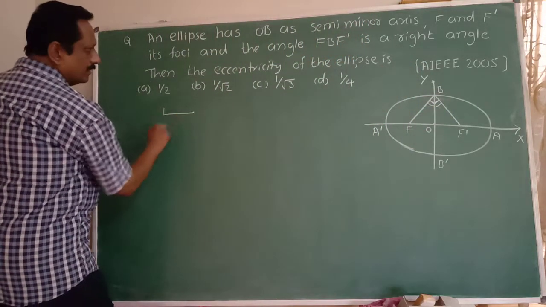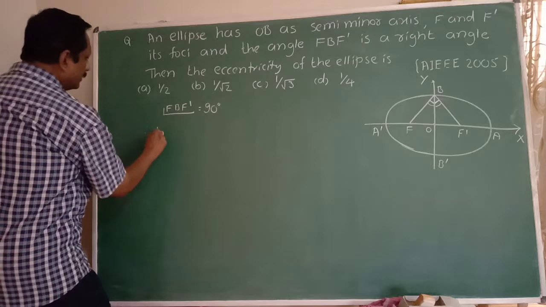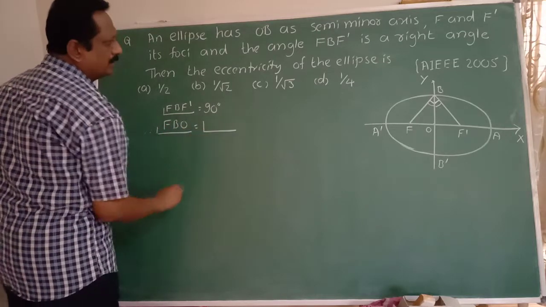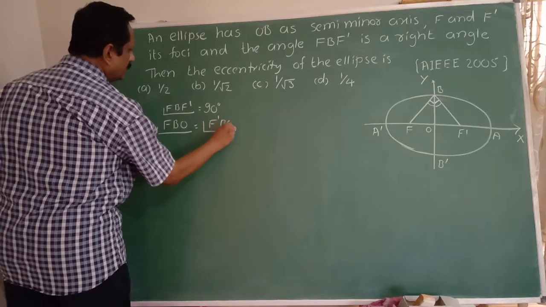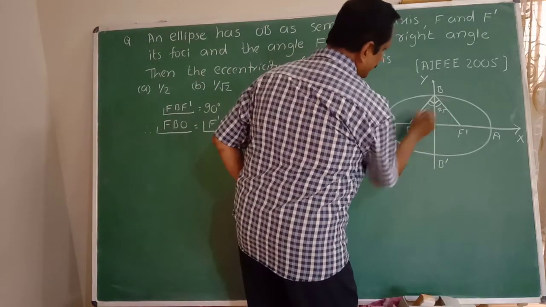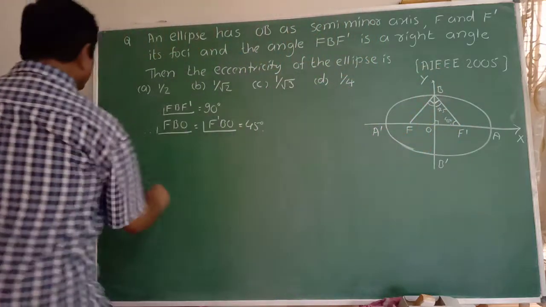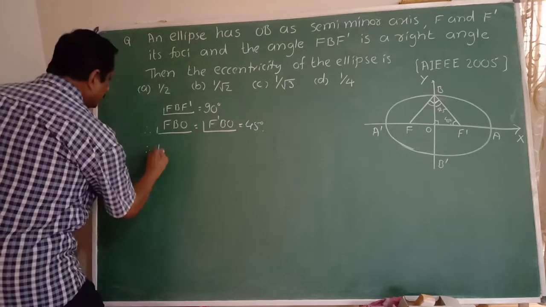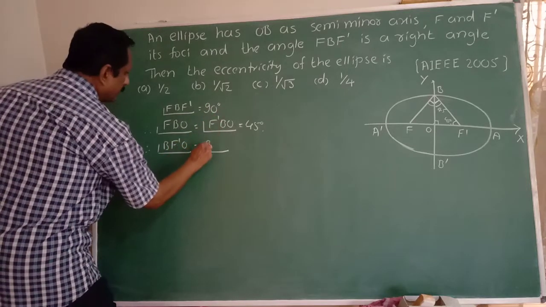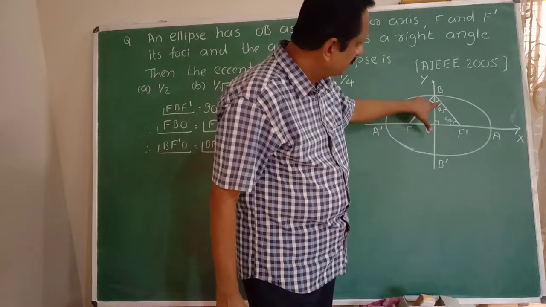Angle FBF dash is equal to 90 degrees. Therefore angle FBO is equal to angle F dash BO, which is 45 degrees. Suppose we take this triangle: if this is 45 degrees and this is 90 degrees, then obviously this angle is also 45 degrees. Therefore angle BF dash O is equal to angle BFO, which is also 45 degrees, because this angle is 90.